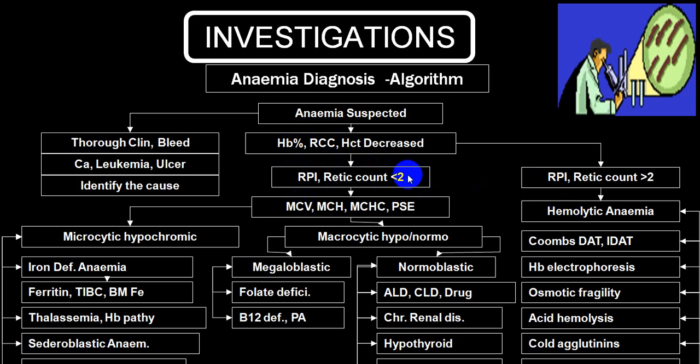But if retic count is less than 2, look at MCV, and depending on MCV, divide into two groups, mainly microcytic hypochromic and macrocytic. There is a third group we call normocytic normochromic, which is very frequent in a person with acute blood loss. We are not going to discuss that group. We are going to discuss mainly microcytic hypochromic anemia.